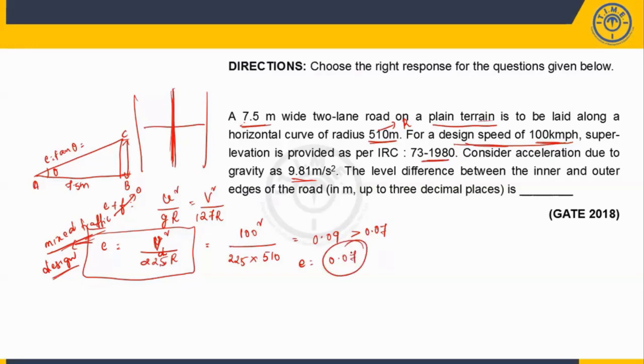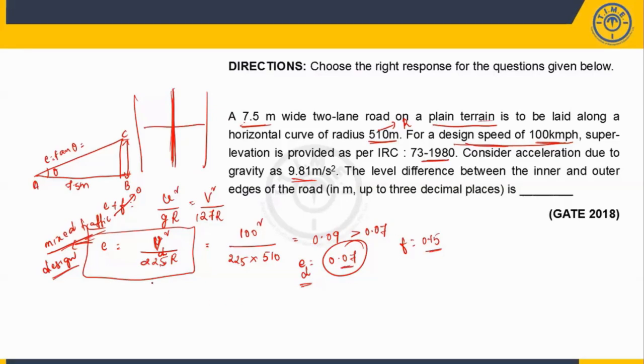In design conditions, E design should be limited to how much? 0.07. Because with greater super elevation there is a chance of the vehicle falling down. So we limit it to 0.07. We always limit F to 0.15. Do remember both the things, during design only.